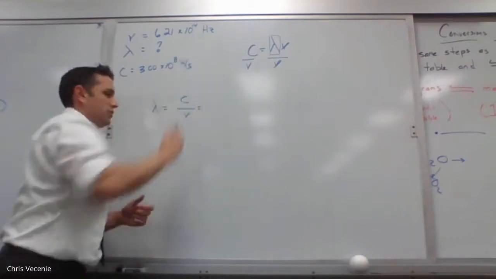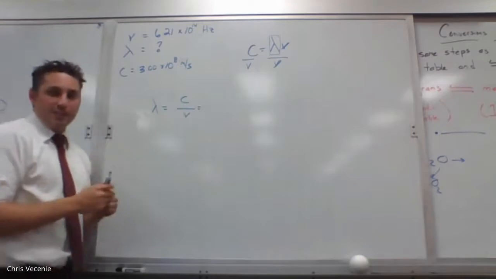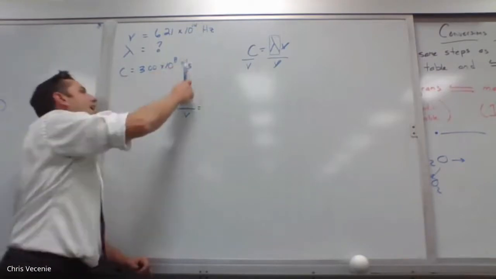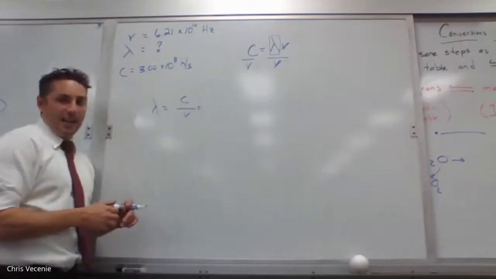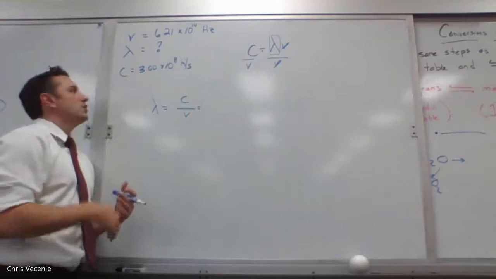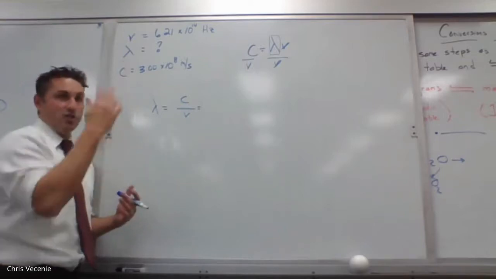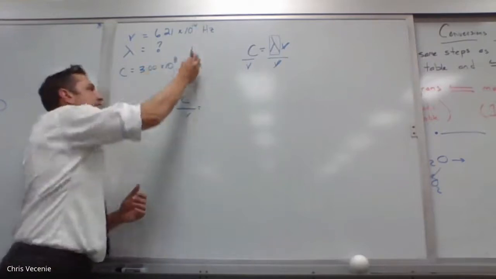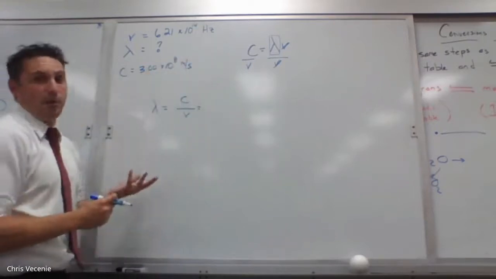Meters, seconds, and hertz. But we made a note on this slide at the bottom to say hertz and seconds can cancel. And the reason is that hertz is really 1 over seconds. So we can cancel a hertz with a second because you end up getting seconds over seconds. You don't need to know all that. Just know hertz and seconds can cancel. That means I can just plug these in.